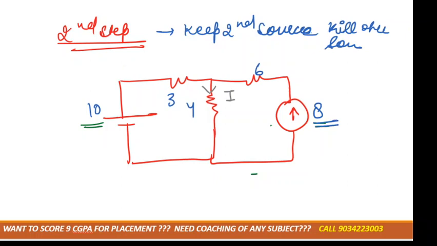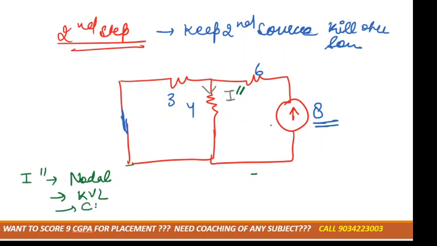Killing the other source means this time the first source is removed, and since it is a voltage source, it must be short circuited. This time we mark I double dash. Now we calculate I double dash by any one method: nodal analysis, KVL, or the current division rule. I suggest applying nodal analysis.